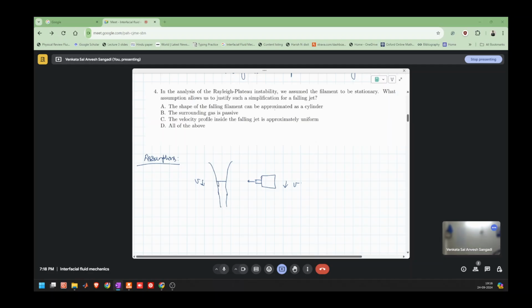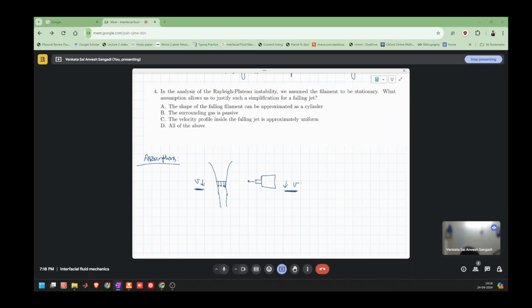This implies that the jet is falling with a uniform velocity v, and the same velocity is that of the viewer that is being moved along the filament.